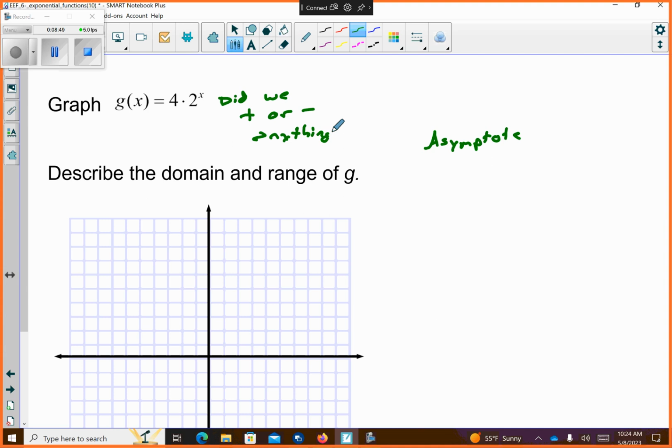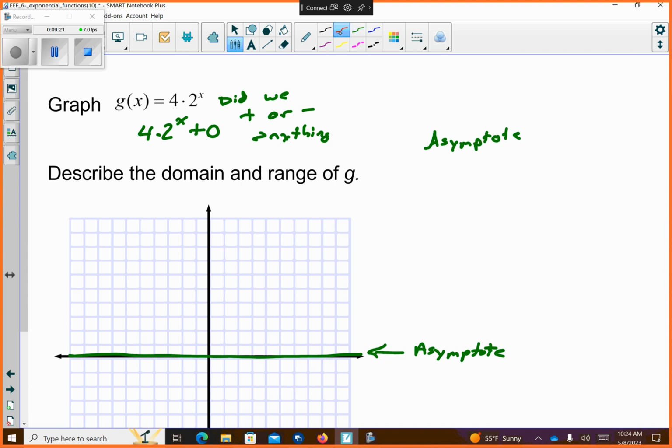If I have 4 times 2 raised to the x, did I add or subtract anything? This problem could be rewritten to look like this, plus 0. If I add 0 to anything, it just stays the same. So that means my asymptote is right here. That's my asymptote. I cannot cross my asymptote. I get really close to it, but I can't get there.